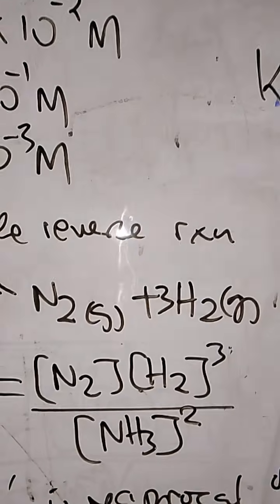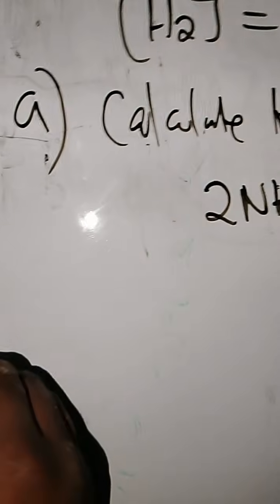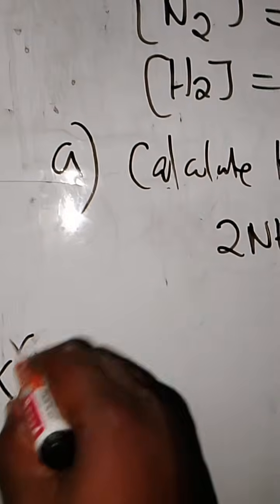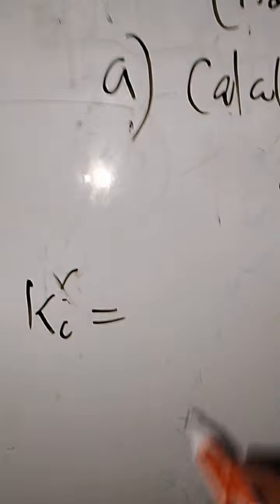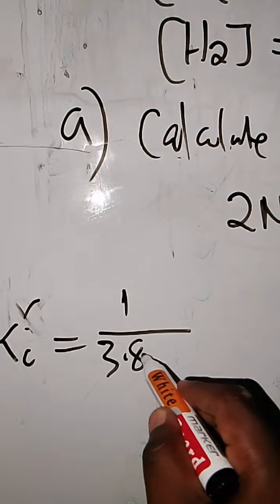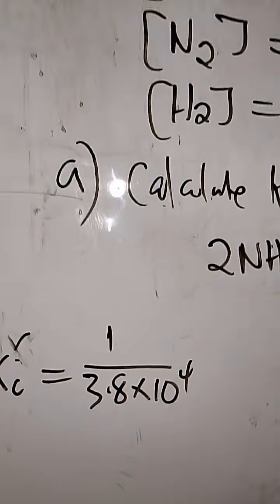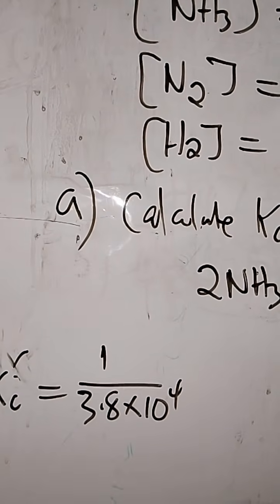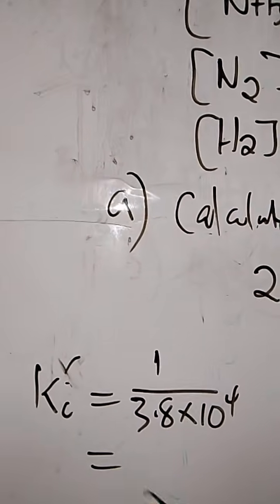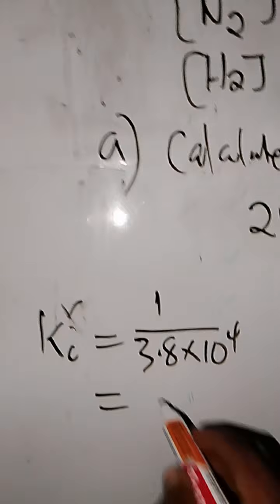Since you have already calculated your Kc, which is 3.8 times 10 to the power 4, you just calculate straight away.